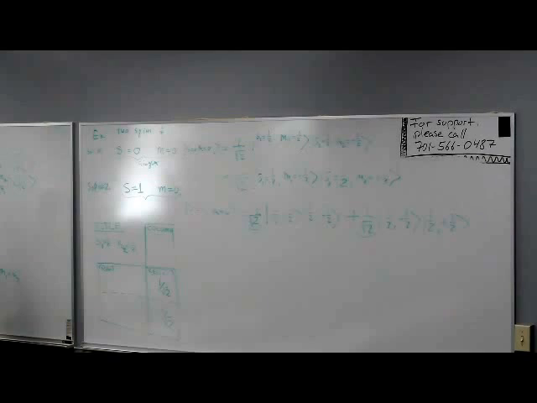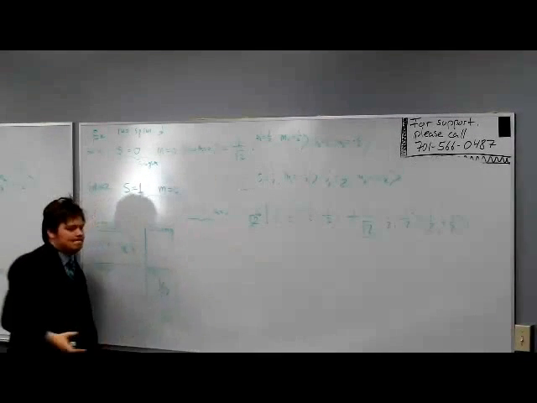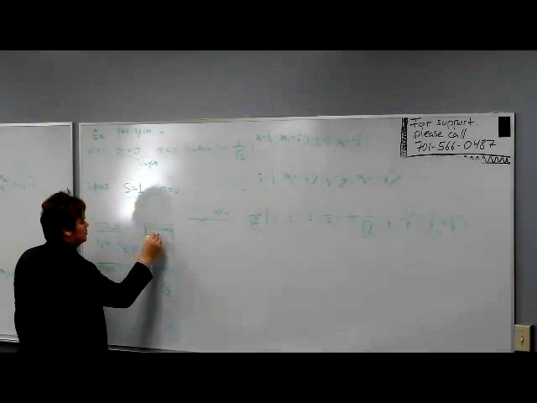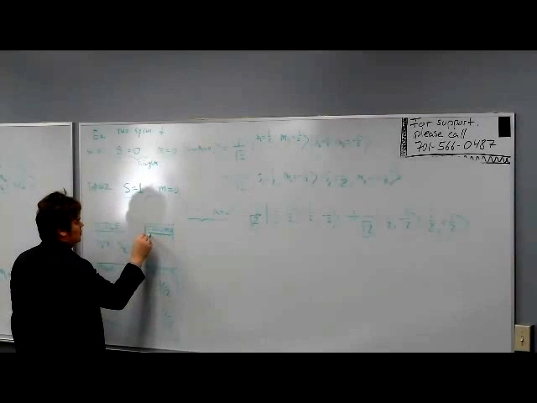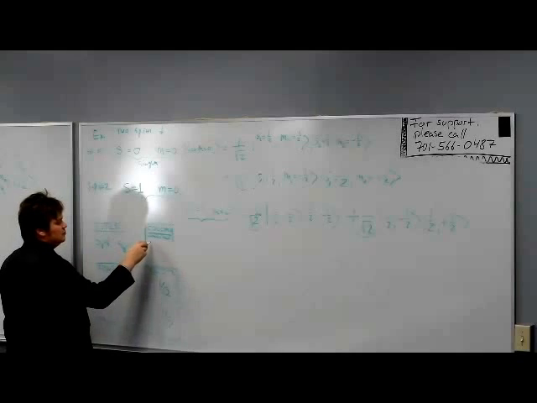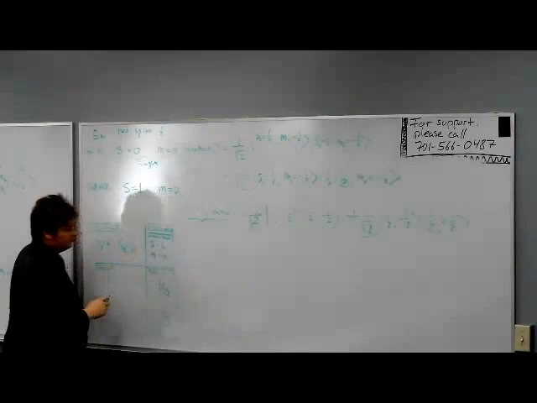Now, for the columns, we will index our big system with the quantum numbers of the combined system: S equals 1, M equals 0.